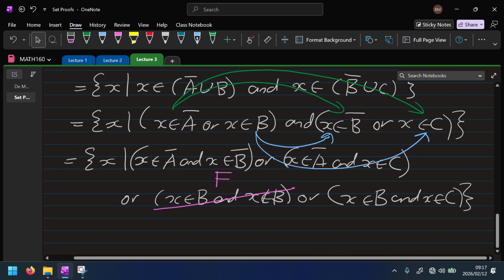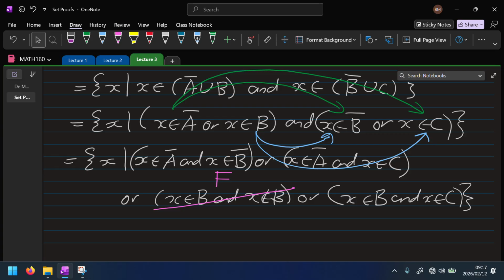So looking at this, what can we do next? Now it's up to you. So we've got these three. And we only have two distribution laws. We have two De Morgan's laws. That's all we have to work with. Everything in between here is distribution or De Morgan's. There's four things to choose from. So what can we do with this bracket and this bracket?